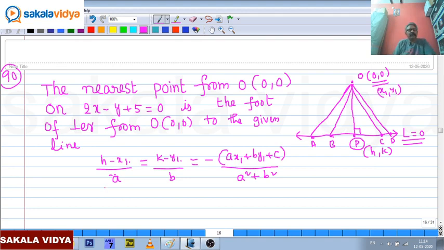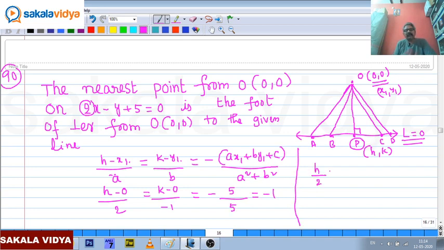Substitute here. H minus 0 by a means this one, 2. K minus 0 by b means the y coefficient, minus 1. Minus of, substituting the origin here in this one, you will be getting 5 by a square plus b square, 5. This is minus 1. So we get now like this: h by 2 equal to minus 1, minus k equal to minus 1.